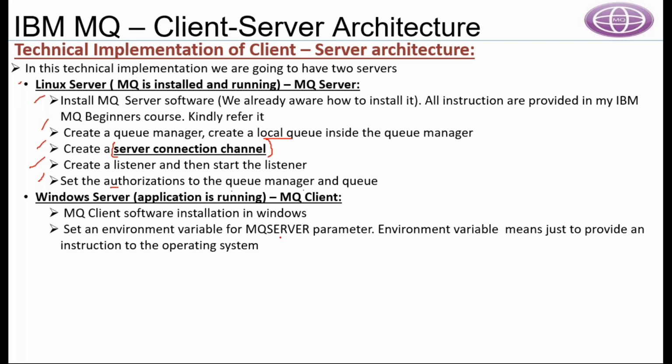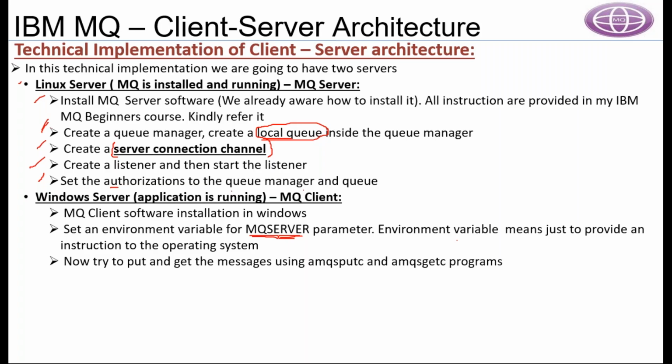This environment variable means we need to provide an instruction to the operating system, so my Windows machine can understand, okay, these are the instructions to connect to this queue manager and I can put the message in this local queue. Those parameters we are going to configure in the MQSERVER environment variable. How to set this, I will show you.